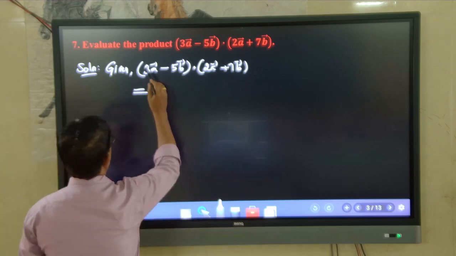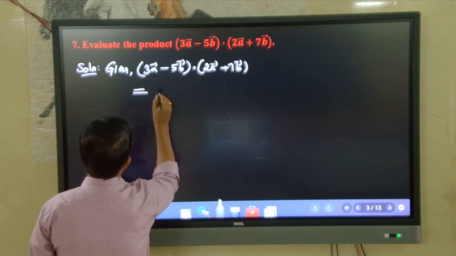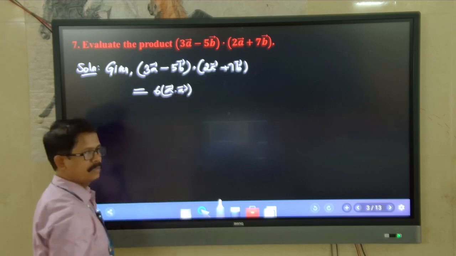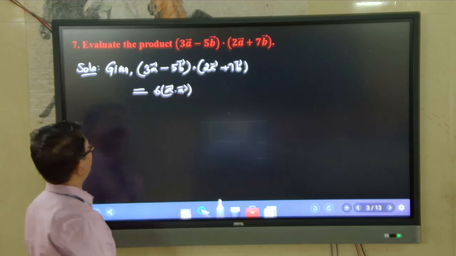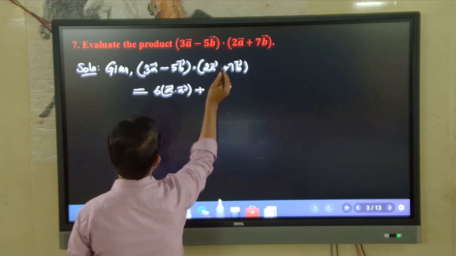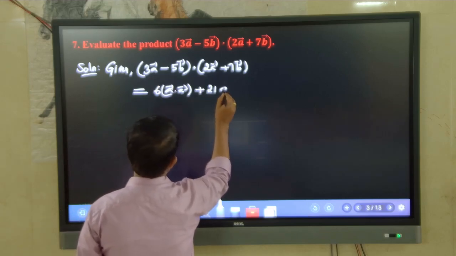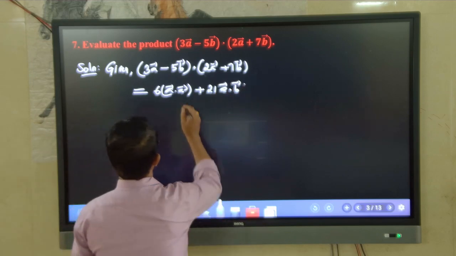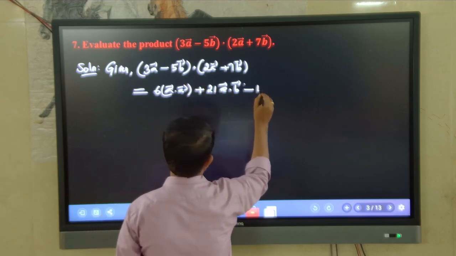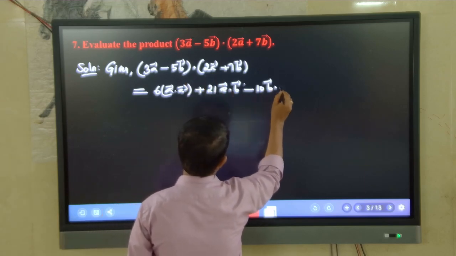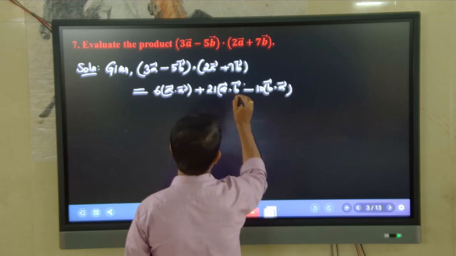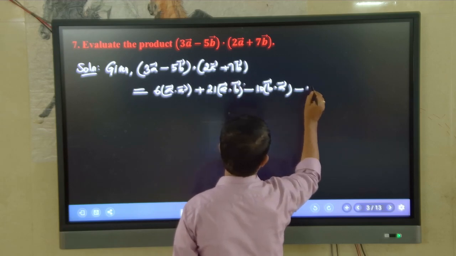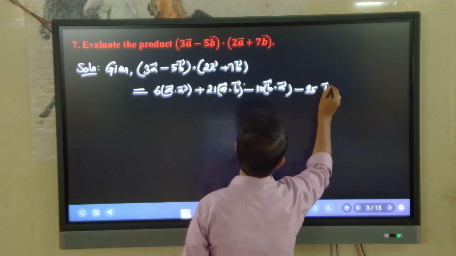That is 3 2s are 6 into a dot a constant, correct? Next plus 3 7s are 21 into a dot b vector. Next minus 5 2s are 10 b dot a. Next minus 5 7s are 35 into b dot b.